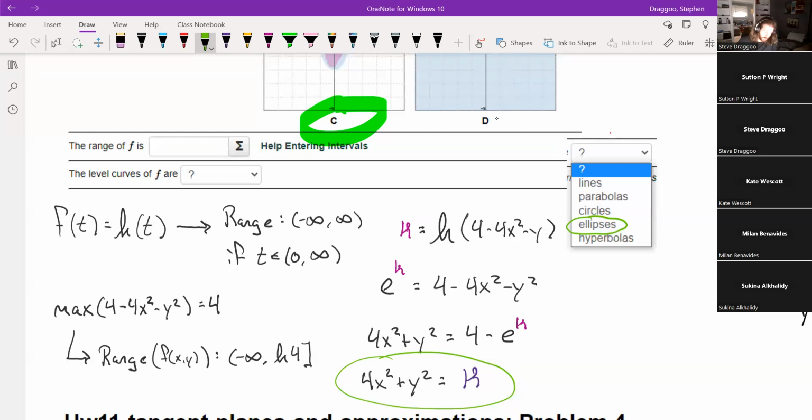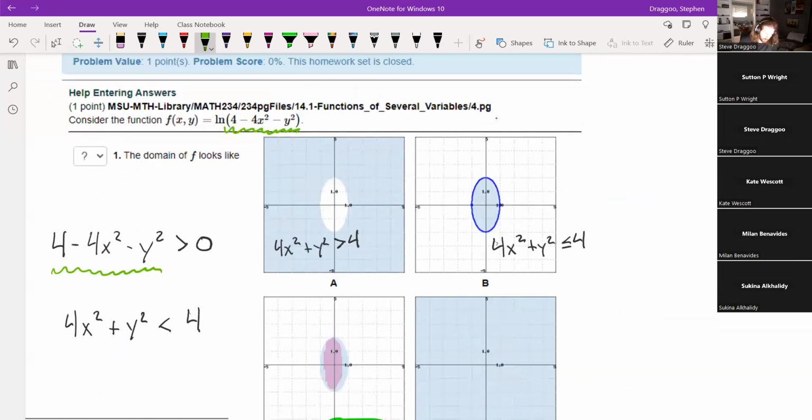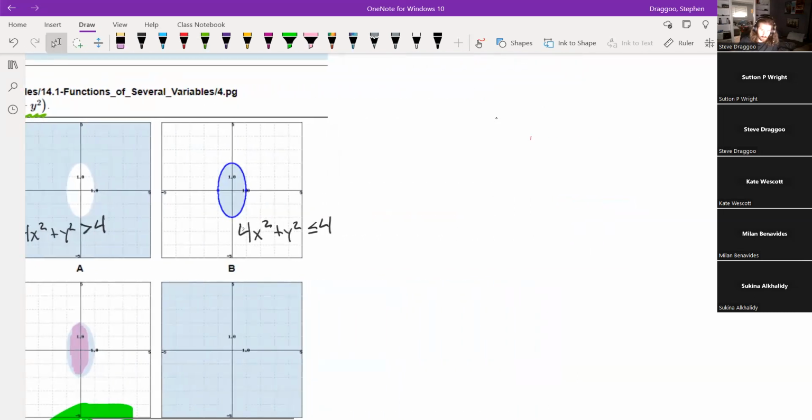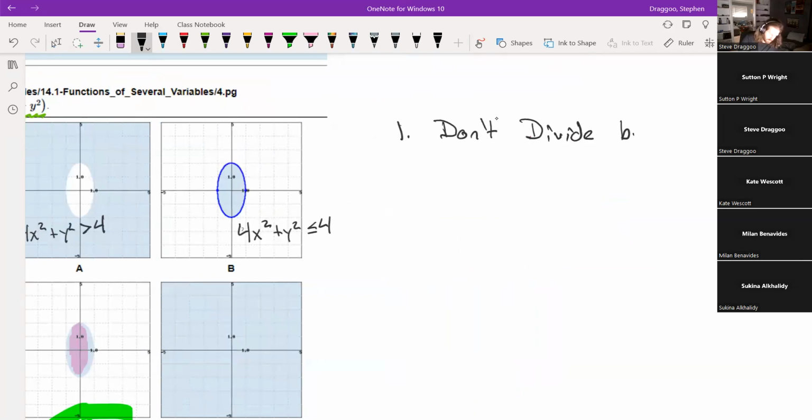So to add a few other notes to this style of problem, there are 3 types of domains that we're really paying attention to right now. Let's maybe start there. If I'm looking for a domain, things I'm not allowed to do: number 1, I shouldn't divide by 0. Don't divide by 0.